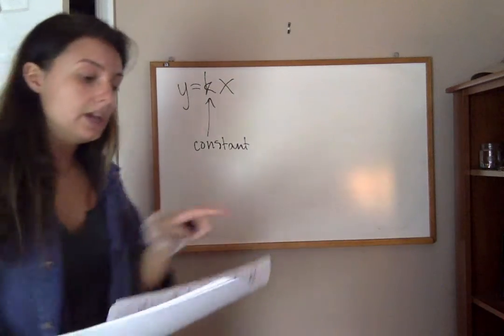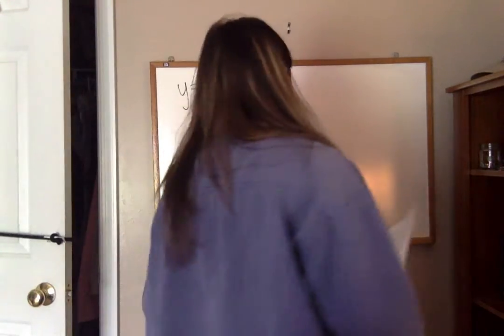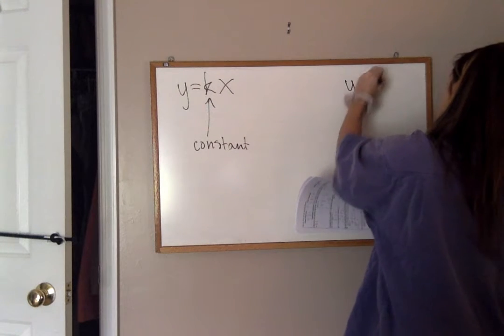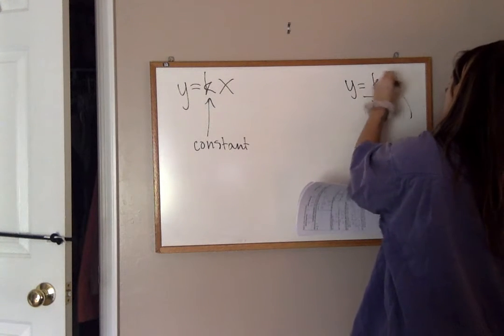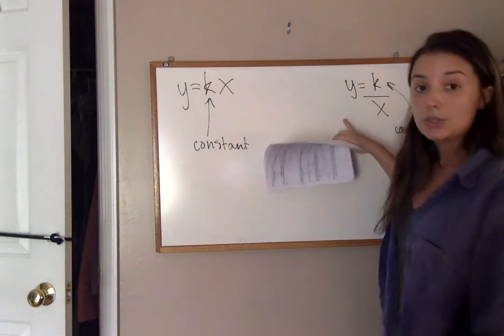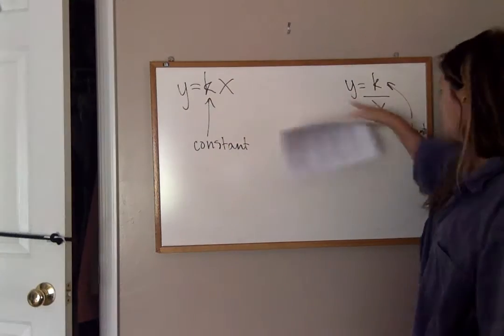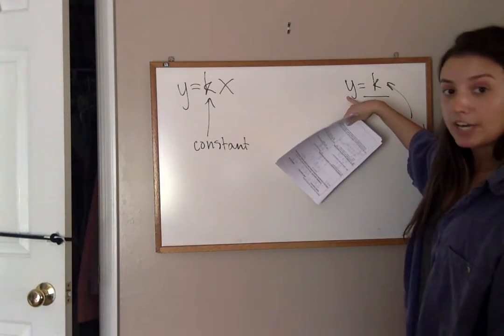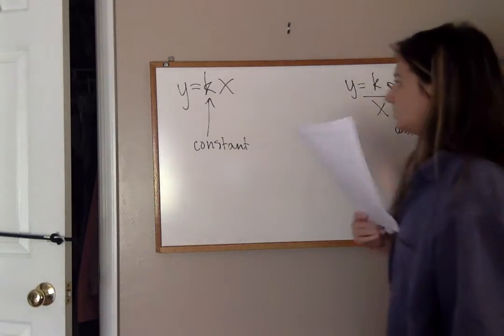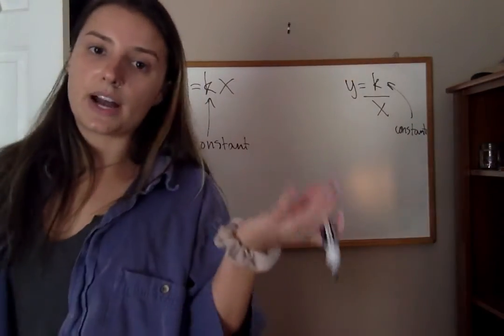As opposed to inverse variation, which is kind of the opposite. We have y equals k over x. This is my constant. And how you would speak this: y varies inversely with x. So it's just explaining how these two variables are interacting with each other.